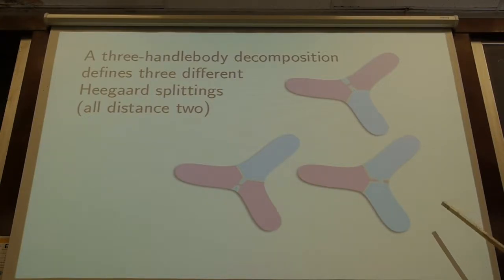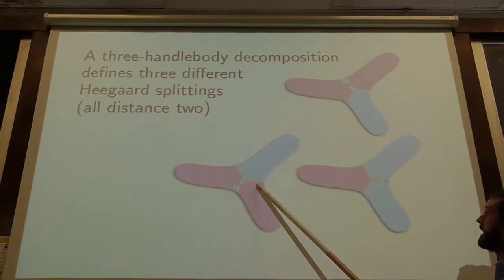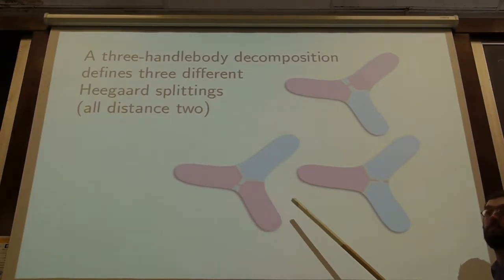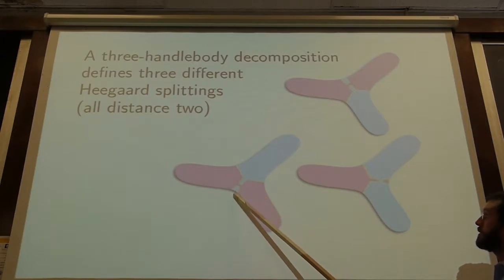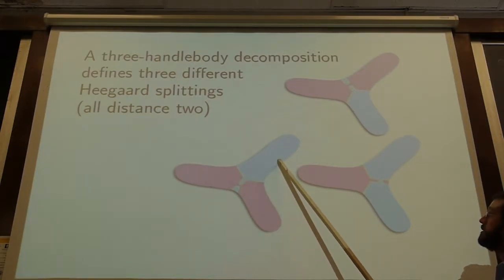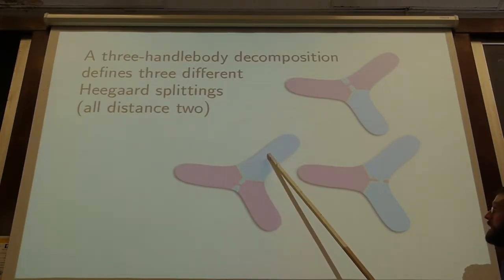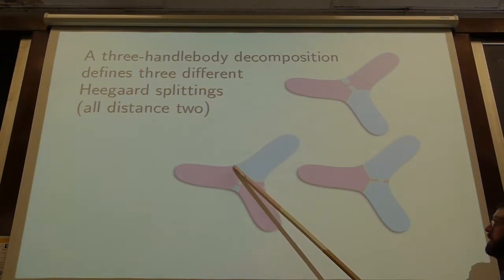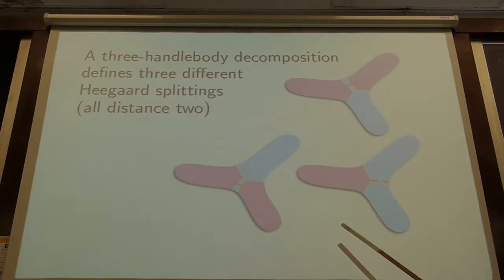We have this handle body and this handle body with a tube between them, and then we have this surface with boundary cross interval that's glued to another handle body, and it's glued in a way that the whole thing is a handle body. So this gives us a Heegaard splitting of this tripod manifold, where the Heegaard surface is this thing in the middle. But we had a choice when we did this.